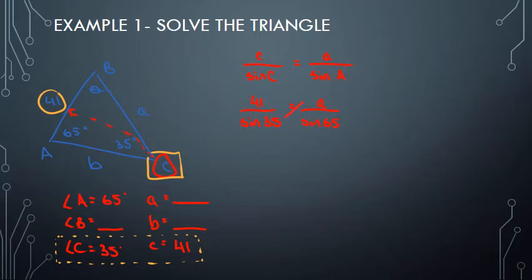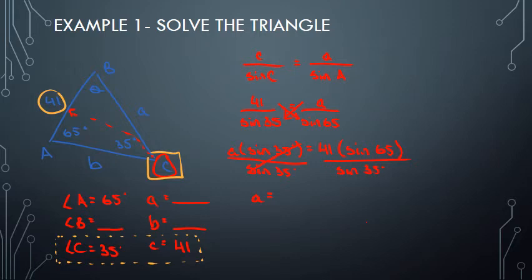Then, like I said, we solve it like a proportion. So I can cross multiply. I always bring my variable to the left side. So A times sine 35 equals 41 times sine 65. Then you divide by sine 35, because I'm trying to get A by itself. Now, people typically don't find sine law very difficult, but one of the hardest things is making sure you're using your calculator properly, the keystrokes.